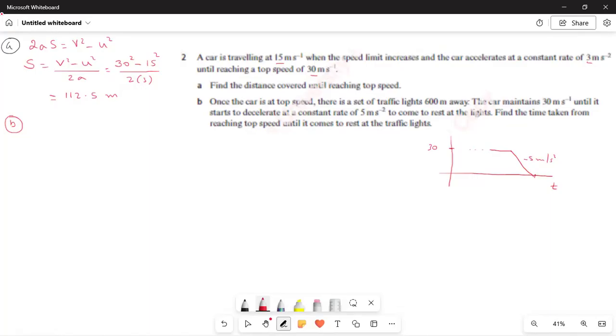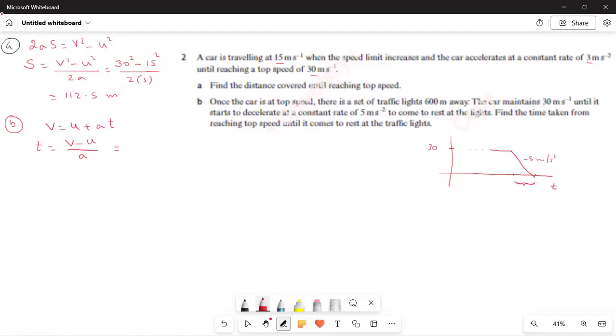So we need to know how much time it will take during the deceleration to go from 30 meters per second to zero speed. How will I calculate the time? Remember this equation: v equals u plus at. So t is going to be v minus u over a.